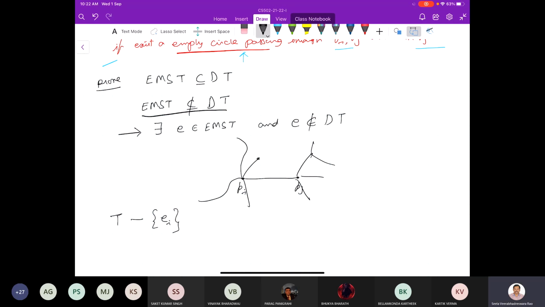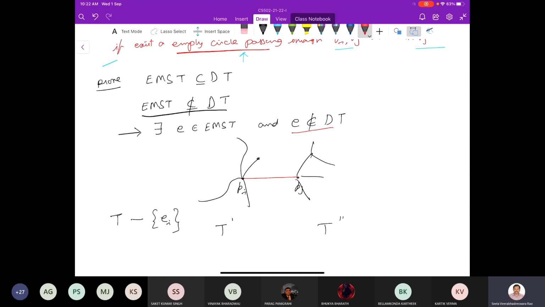Yes. Okay. Now, once you remove this edge, the tree is disconnected. Let's say this is the left side: one part is T dash, the other one is T double dash. Now look, this edge is not part of the Delaunay triangulation. What does it mean? From the definition of Delaunay triangulation, this edge is not part of it because there is no empty circle passing through these two vertices.